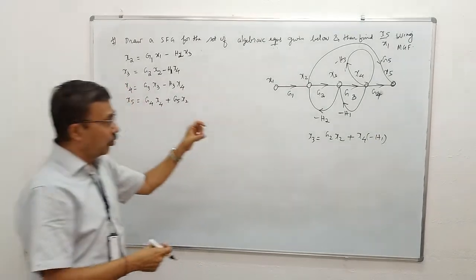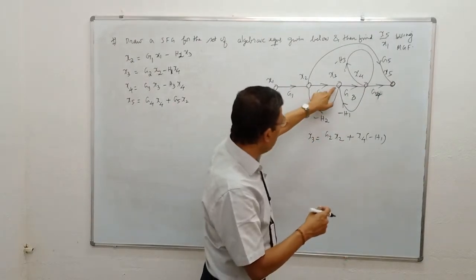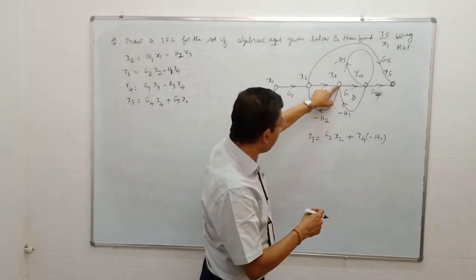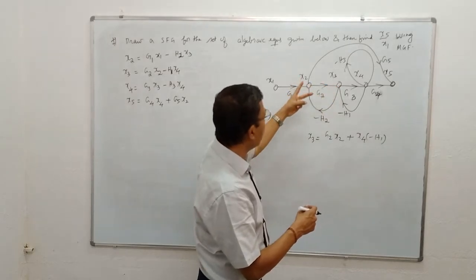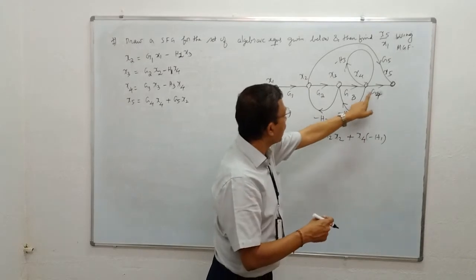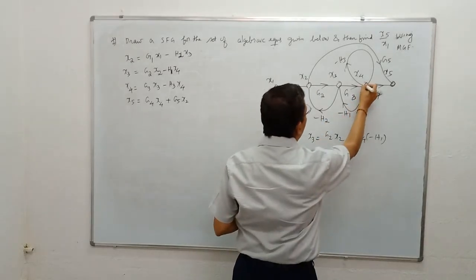So at a given node, don't worry about the signals that are leaving. Each node represents a variable, which is x3 in this case. There are two signals entering, which are x2 multiplied by g2, correct? And x4 multiplied by minus h1. What is the equation for x4?